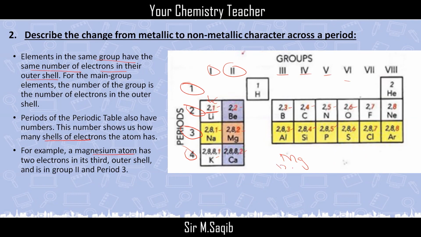Its atomic number is 12. So it has 2 electrons in the first shell, 8 electrons in the second shell, and 2 electrons in the last shell. So there are 3 shells, which means it belongs to period 3, and it has 2 electrons in the outermost shell, so it belongs to group 2, as you can see here.